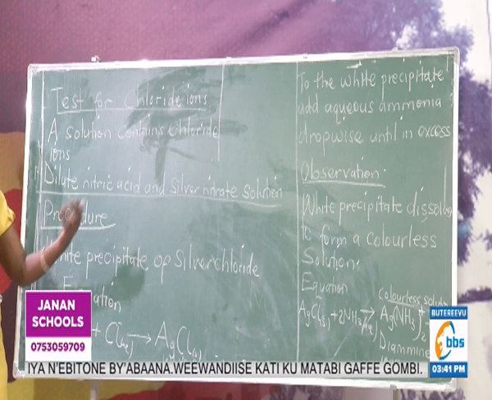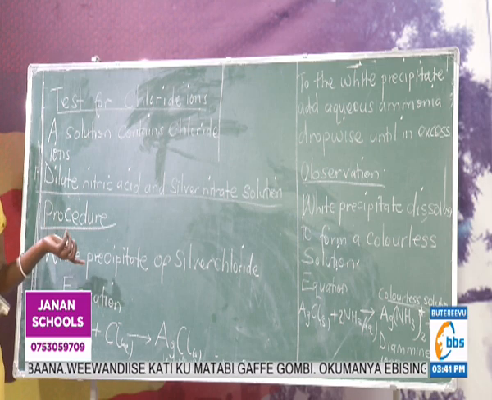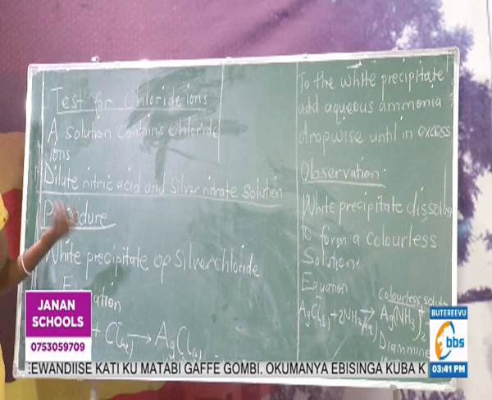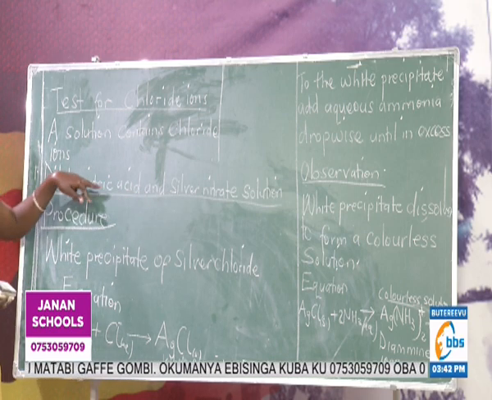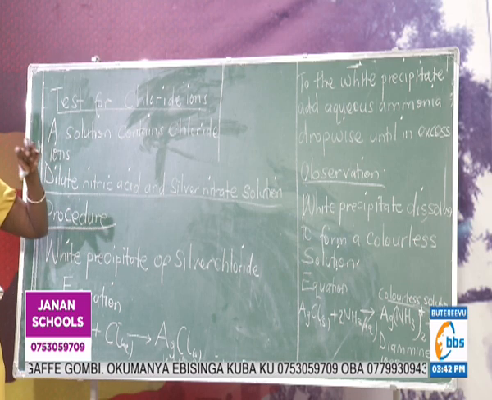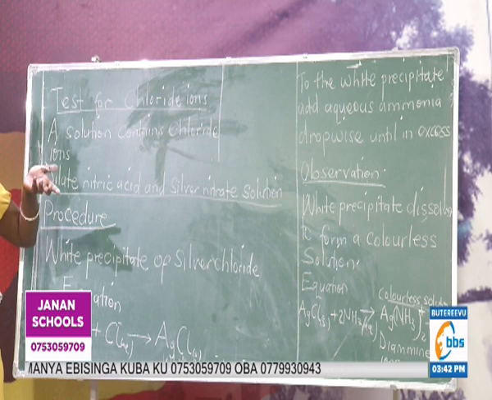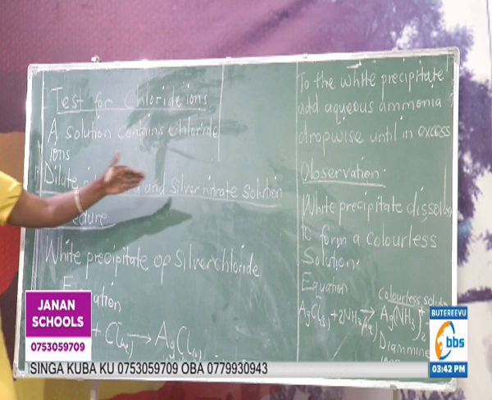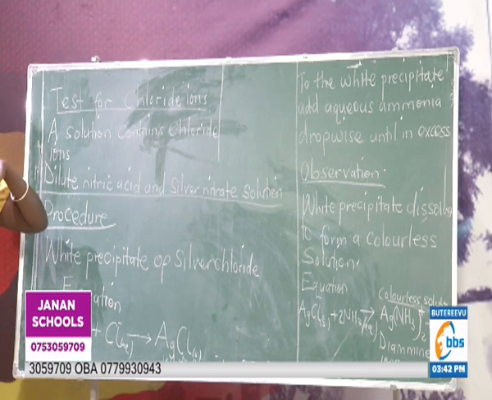Sometimes it is interchanged, whereby they will say to a solution suspected to be containing chloride ions, add silver nitrate solution and then dilute nitric acid. There, whenever you're stating the observation, what would you state? They have started with silver nitrate and then dilute nitric acid. Okay?